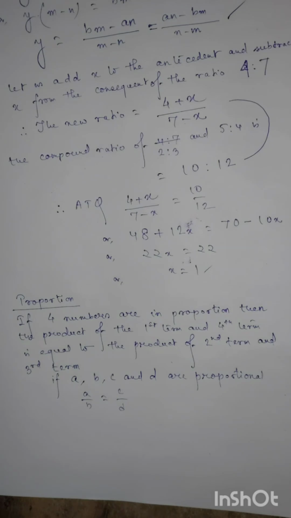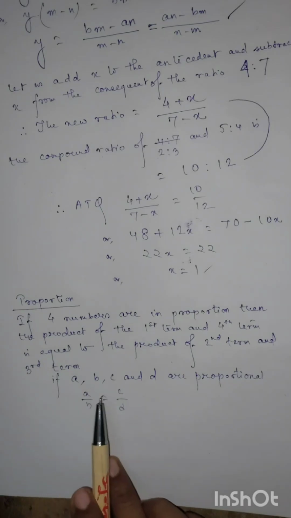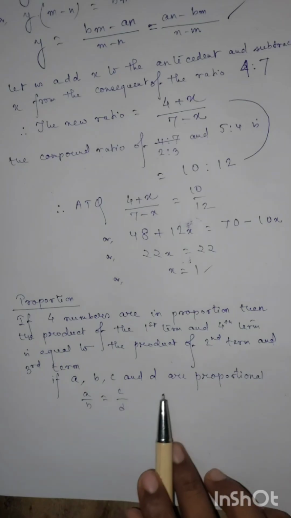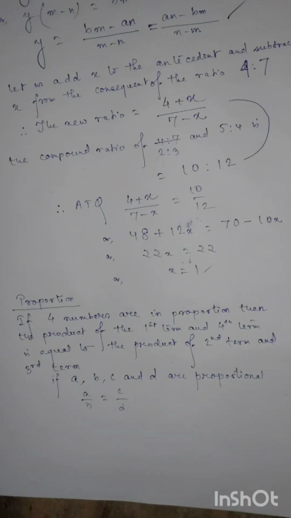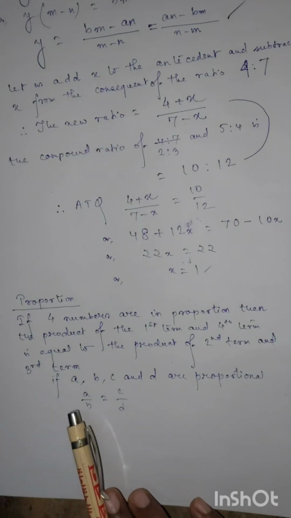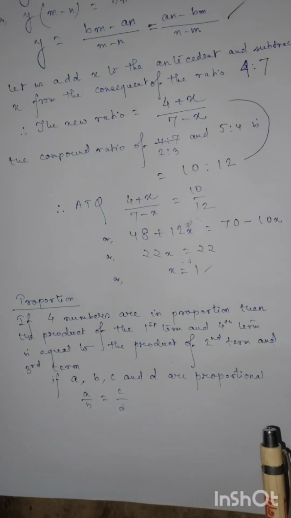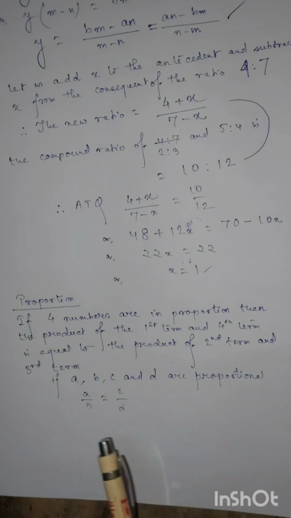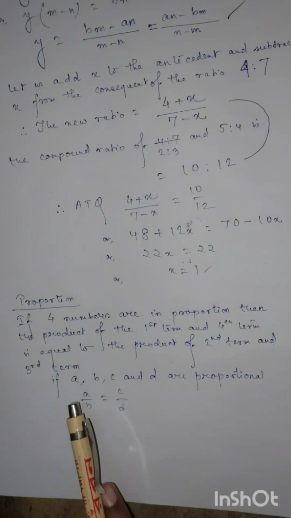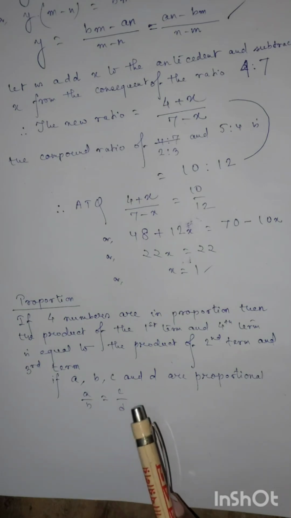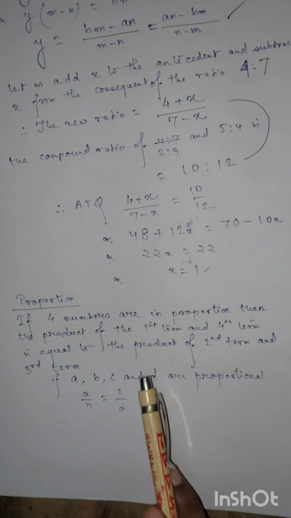When a, b, c, d are proportional, that means the ratio of the first two terms is equal to the ratio of the last two terms.